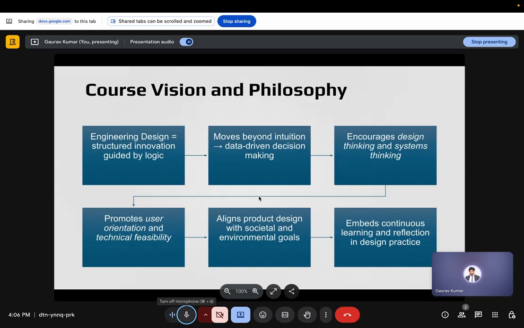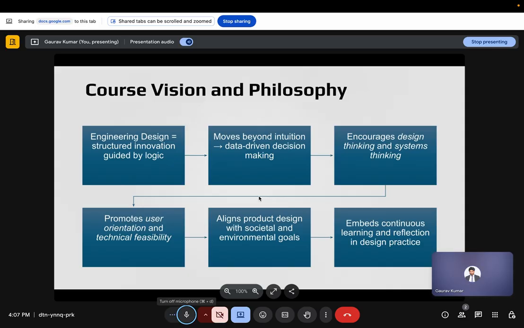Two mindsets anchor this vision: design thinking and systems thinking. Design thinking ensures empathy with users and practical context. Systems thinking ensures we model interactions among parts, people, processes, and environments together. They prevent local optima that undermine whole system performance.